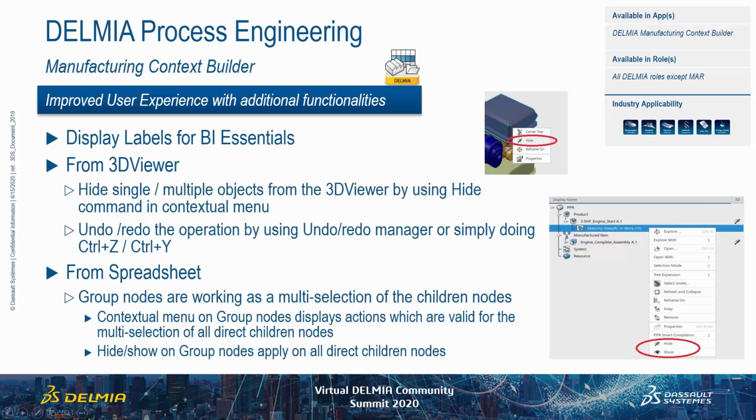So here some improved user experience with a couple of added functionalities, especially related to labels for BIs, additional capabilities in contextual menu for 3D viewer, about hide and show, also in the spreadsheet as well, to group nodes based on any criteria. This is, for example, pretty useful to do quantity grouping, such kind of thing based on a reference and so on.